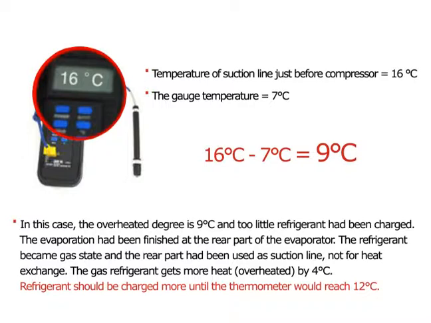The evaporation has finished at the rear part of the evaporator. The refrigerant became gas and the rear part was used as a suction line, not for heat exchange. The gas refrigerant gets more heat, overheated by 4 degrees Celsius. Refrigerant should be charged more until the thermometer reaches 12 degrees Celsius.